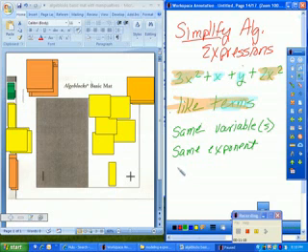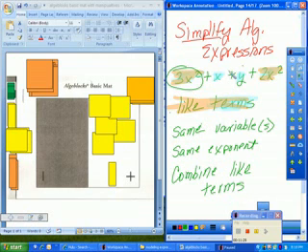When you're simplifying algebraic expressions, you're really doing what we call combining like terms. You'll hear this a lot. You're really combining like terms. You're finding the terms that are the same or that are like, and you're putting them together.